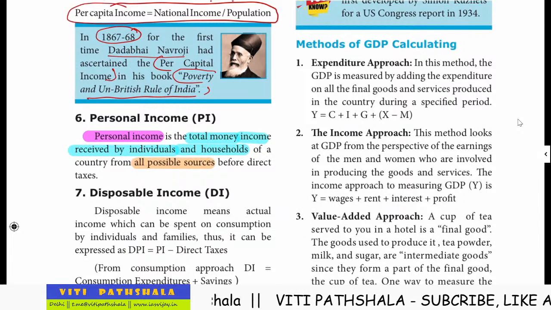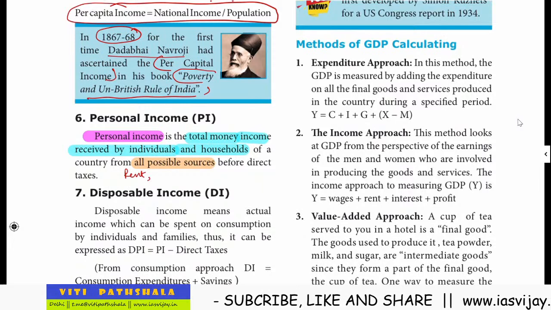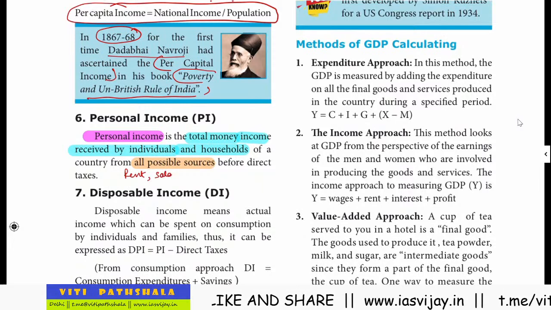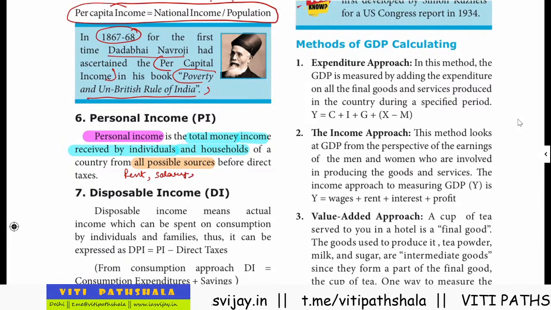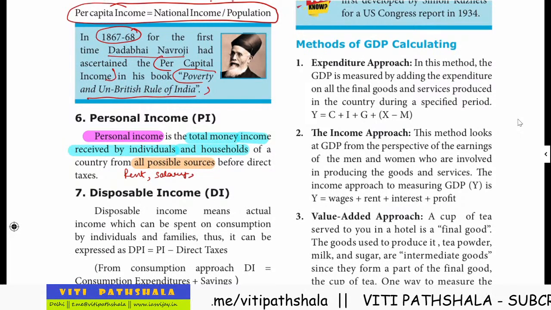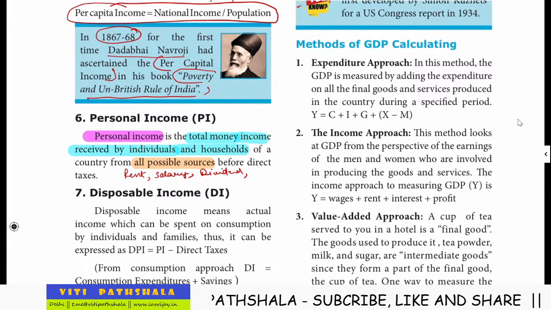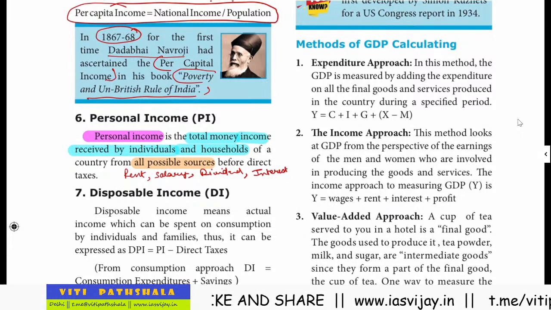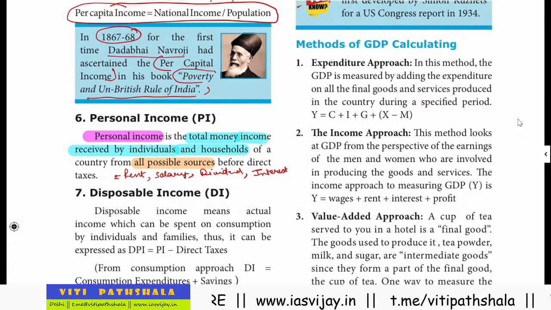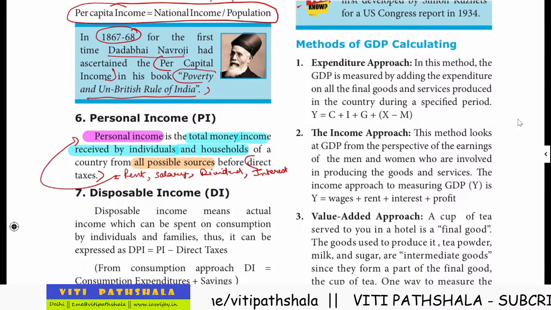For example, a person can be getting rent from his premises, he might be getting a salary, he might be doing some business, or he might be getting dividends, or interest on his money. All these will equal his personal income, before applying the direct taxes.